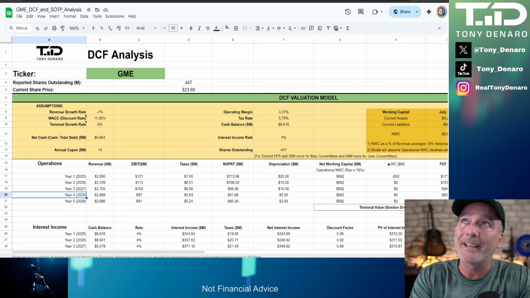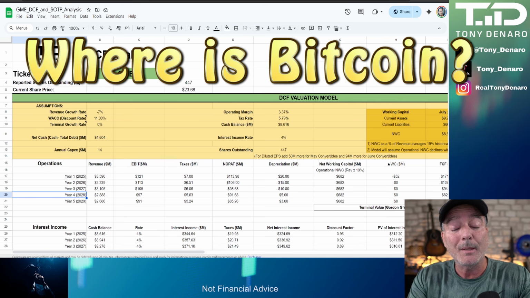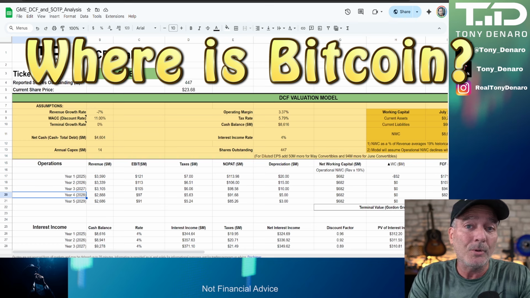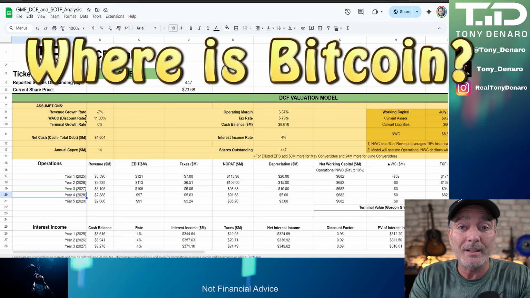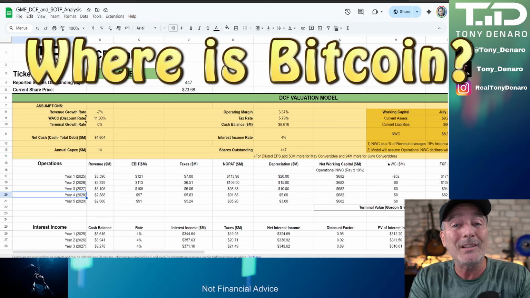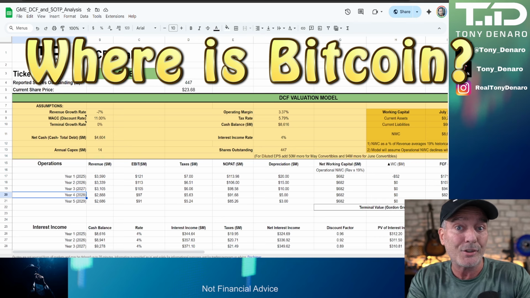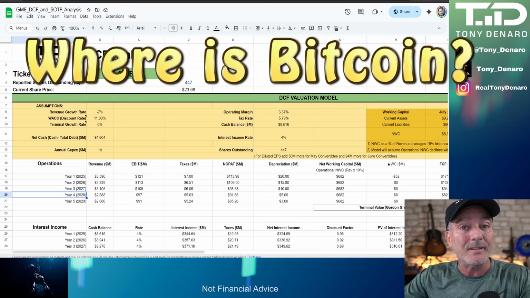Number one, where is Bitcoin? Bitcoin is not on a DCF model because we only model assets or income streams that generate cash. And yes, Bitcoin does show up on the income statement as an unrealized gain, but it's not a cash generation that you can measure a cash flow on, which is why I also did the sum of the parts analysis so that we can look at that.